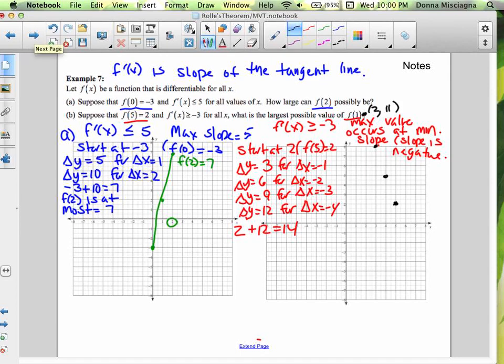And then we go up 3 and 1 to the left one more time, and that would be 1, 14. Exact same value we got algebraically. Here would be our line, and I'll just connect that. It's really just a matter of thinking logically and counting backwards. All right, so we're done with these two.